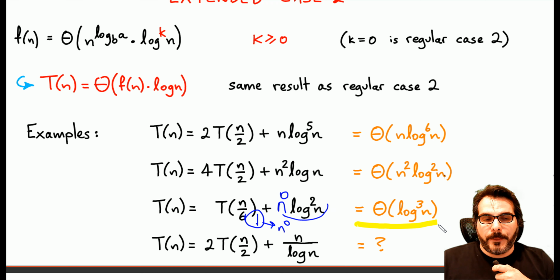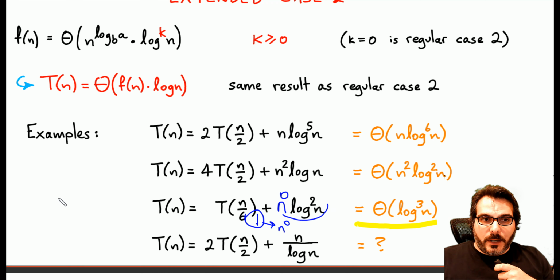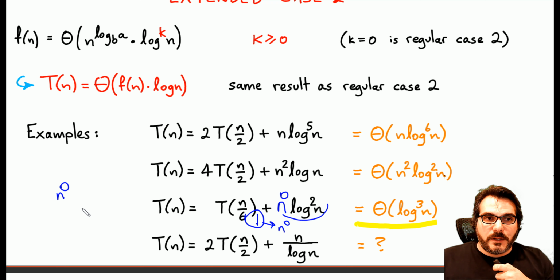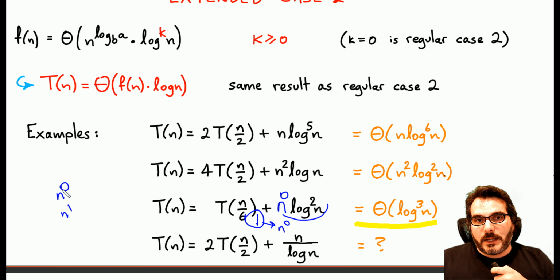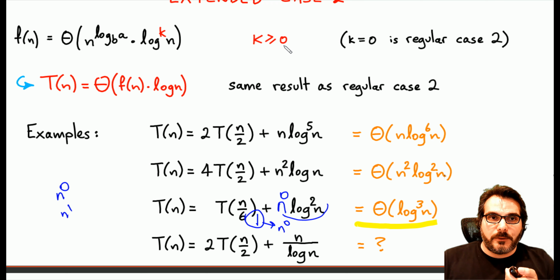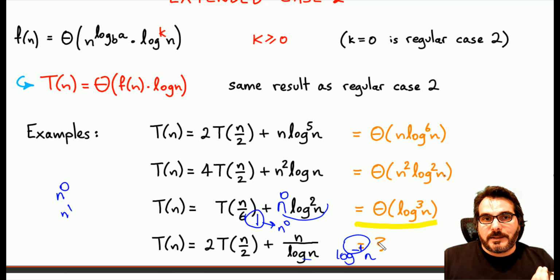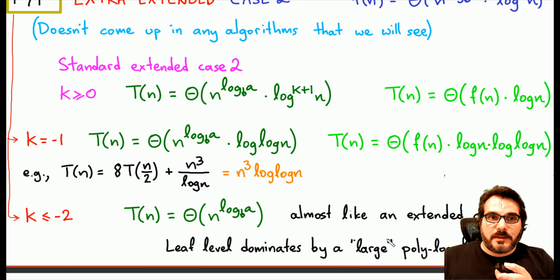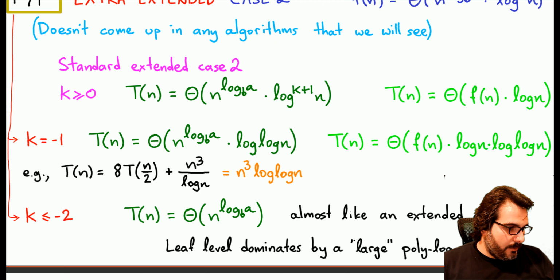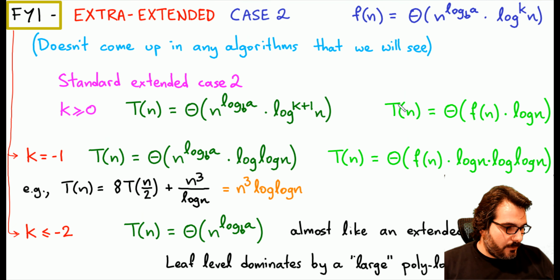Okay, we were talking about n to the power of 0, n to the power of 1, which is something greater than 0. What about minus 1 here? What if it is log to the power of minus 1 n, which is smaller than 0? Then the extended case 2 is not applicable, but there is another definition for that one. Let's fix the screen first. Okay.